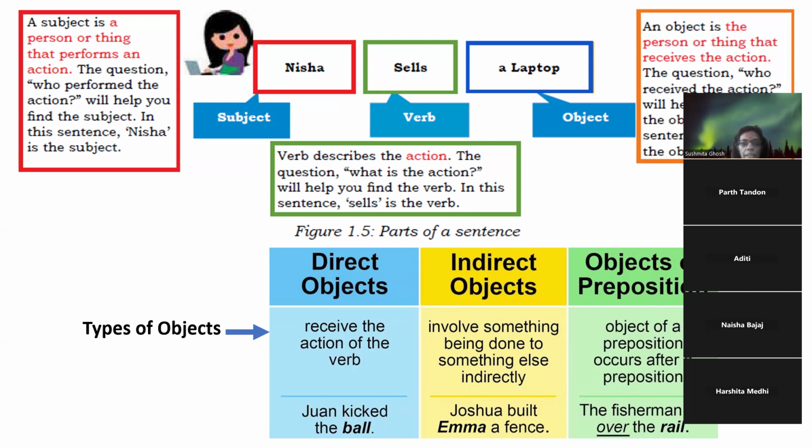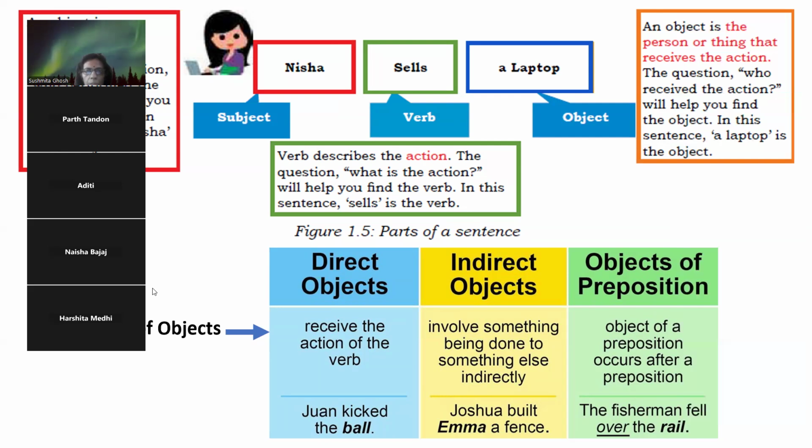Then you have these direct, indirect, and objects of prepositions here too. Just a few sentences will make you understand what I'm trying to say. That if I'm saying Nisha sells a laptop, so that's a direct object. ठीक है. Indirect would be a laptop is sold by Nisha, जो passive sentence की हम बात करते हैं, indirectly.